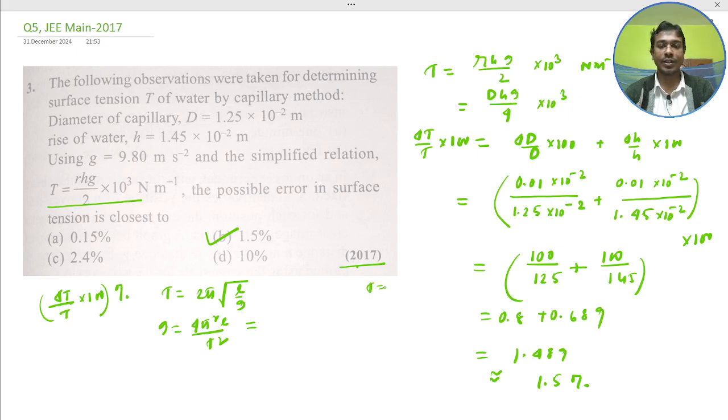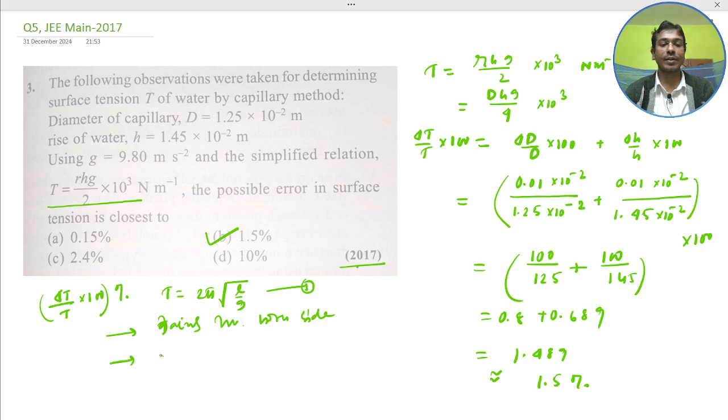So T equal to t by n, so g equals 4 pi square L n square by t square. So I just say one thing, you just consider this as equation number 1. First, taking ln both sides.